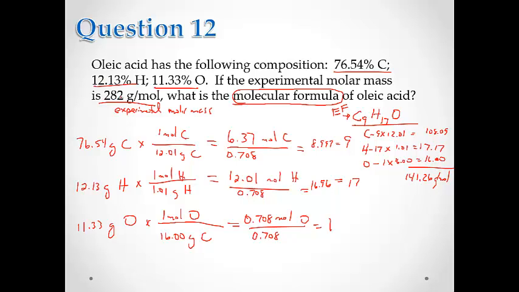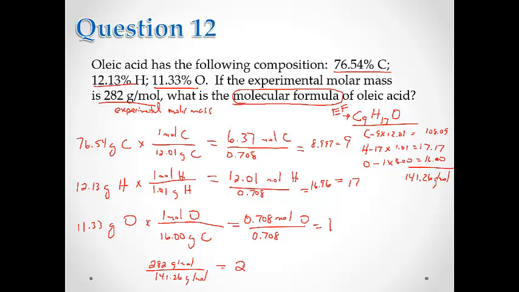Compare that to the molar mass that was found experimentally for you. So take this 282 as your top number again, divided by your 141.26. So when you divide that out, again, we're looking for some whole number here. So 282, 141, basically the number is 2.